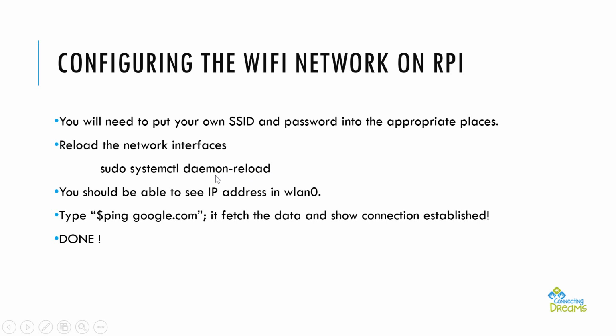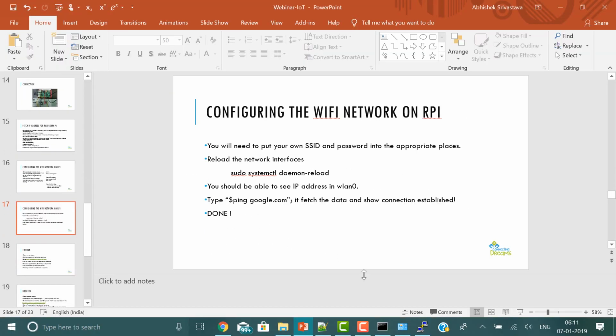Once you do that, your network interface would be restarted, and probably now you are able to see your IP address in the wlan0 configuration when you type the ifconfig command in your Raspberry Pi. Once you have got your IP address, you can further check using the ping google.com command. You should be getting a response, something like this.